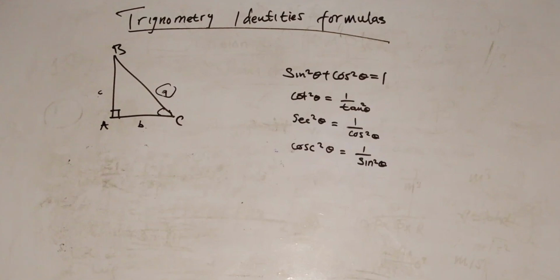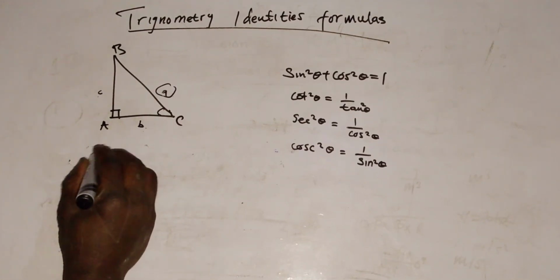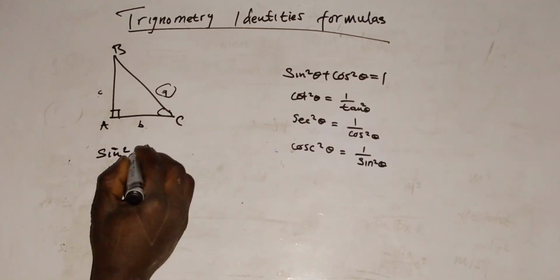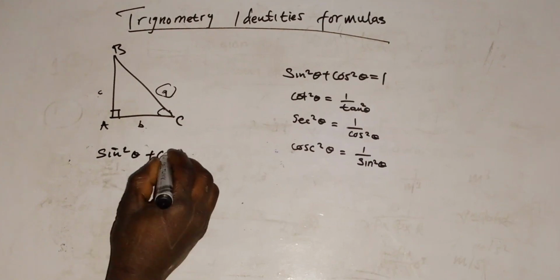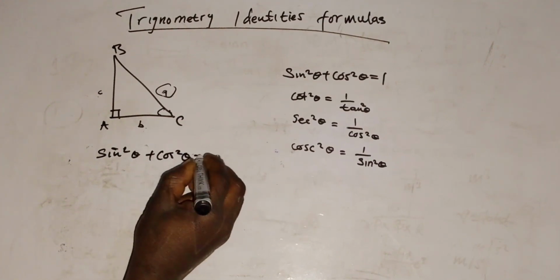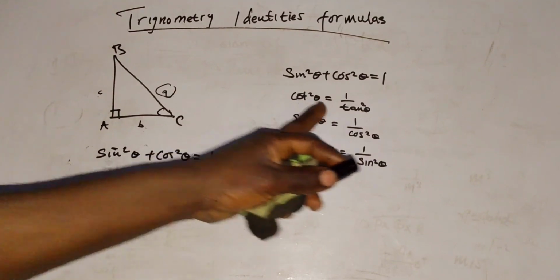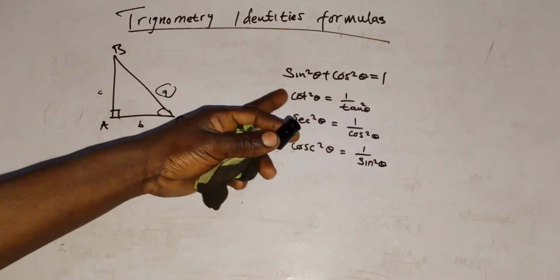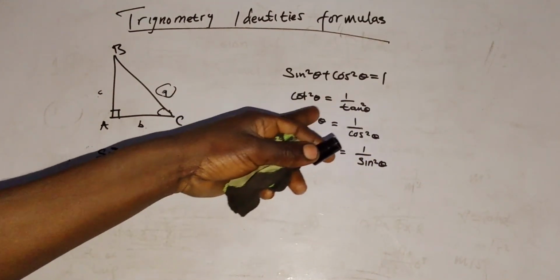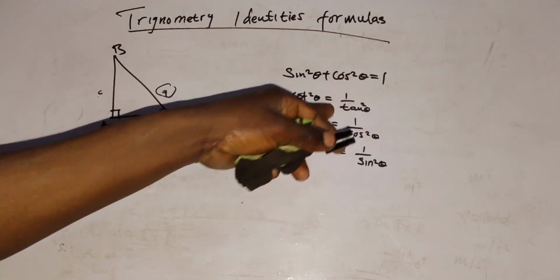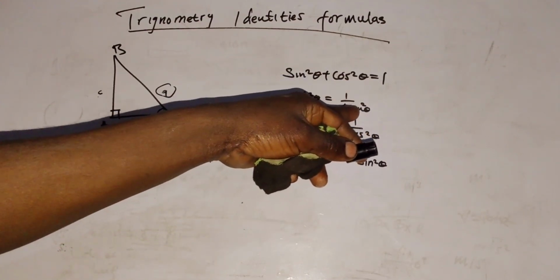So now, since we say that sine squared theta plus cos squared theta equals 1, let's try to create some identities, for cot squared theta equals 1 over tan squared theta.